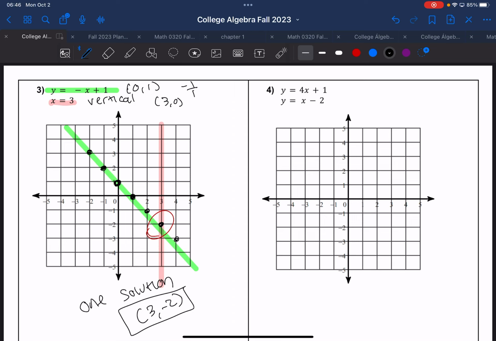Okay, go ahead and take a moment and try 4. Remember to get your information first, then graph.